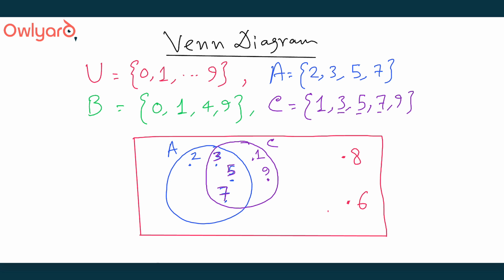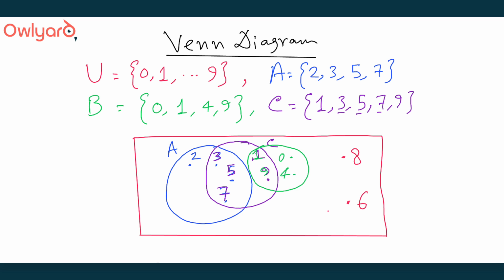Now we have to draw B, and in Venn diagram notation, B includes 1 and 9. So let's draw it carefully like this. Okay, so definitely 1 and 9 are also included in B, but B has some additional elements. For example, this point corresponds to 0 and this point corresponds to 4.